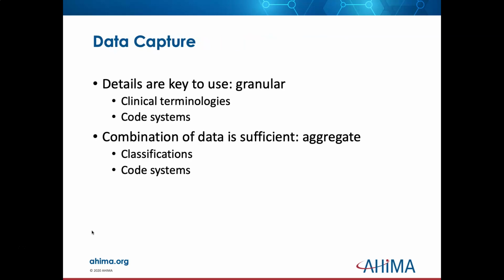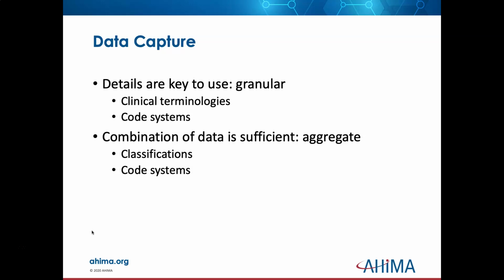In terms of data capture, details are the key to use. You want to get as granular as possible when it comes to clinical terminologies and code systems. You want to get down to where you can really truly have a code that identifies a very specific situation or definition.